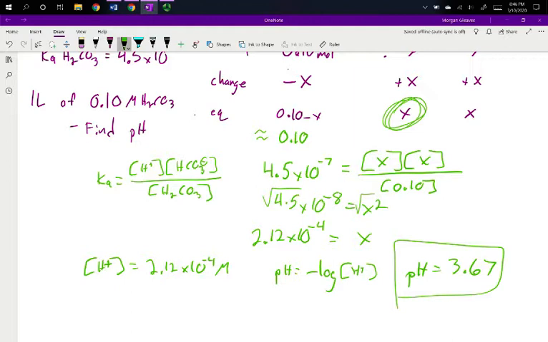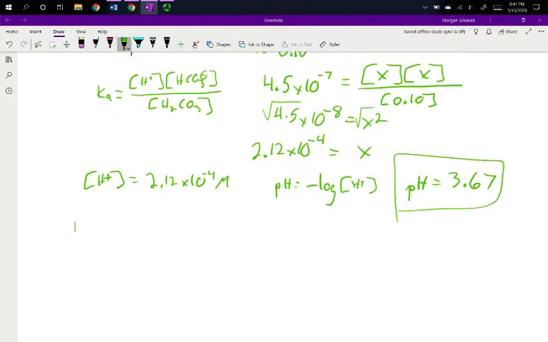And so it's not as low as the acetic acid was in video 3, but it's lower than the ammonium was because it's more acidic than ammonium. We saw that from the Ka values. Acetic acid Ka was 1.8 times 10 to the minus 5. Our H2CO3 is 4.5 times 10 to the minus 7.